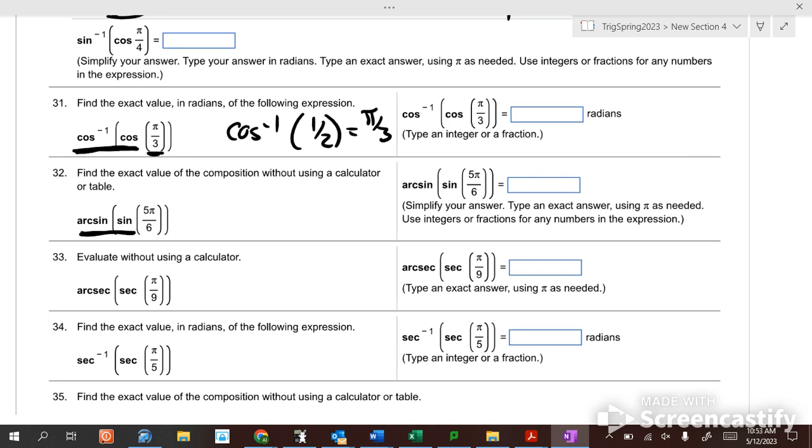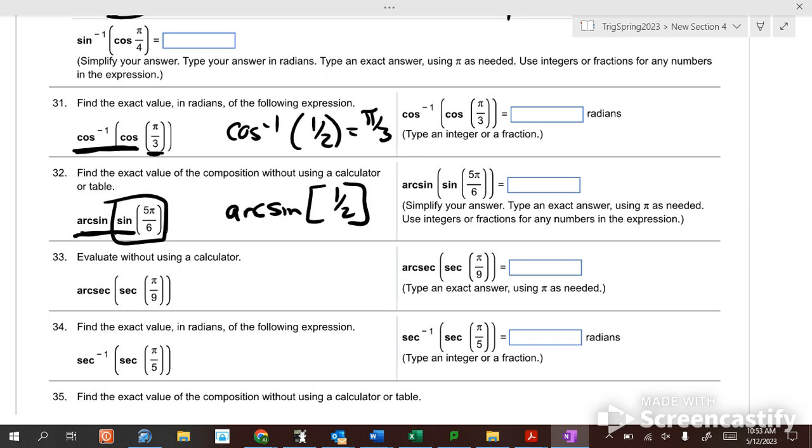So what would the inverse of the sine of 5 pi over 6 be? 5 pi over 6. Wrong! That's a trick question. What's the sine of 5 pi over 6? 1/2, right? So what's the arc sine of 1/2?